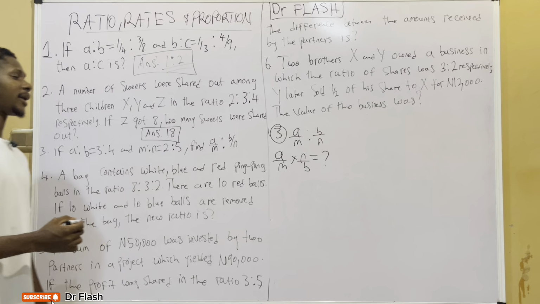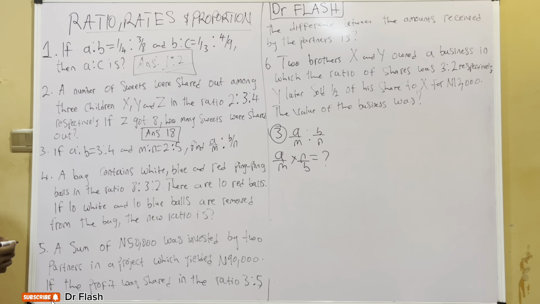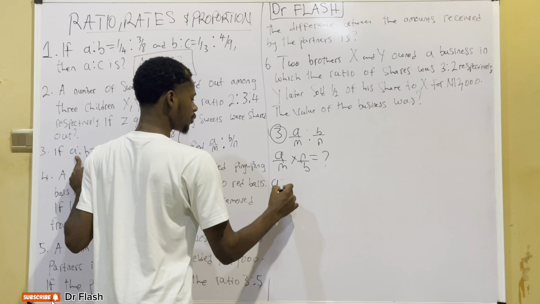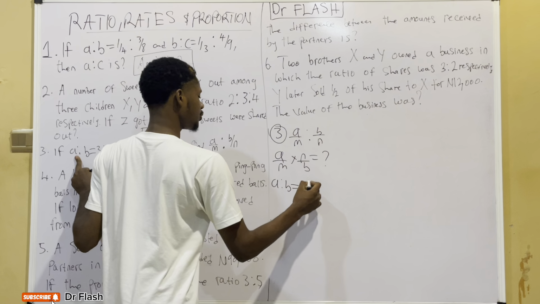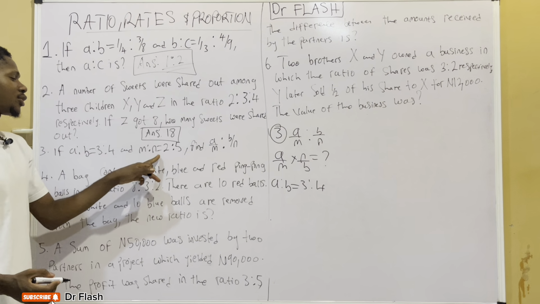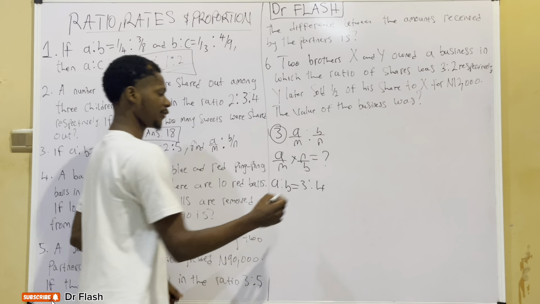Now let's get A over M and then multiply N over B. But A over B was given. We're given A ratio B as 3 ratio 4, and M ratio N was given as 2 ratio 5.